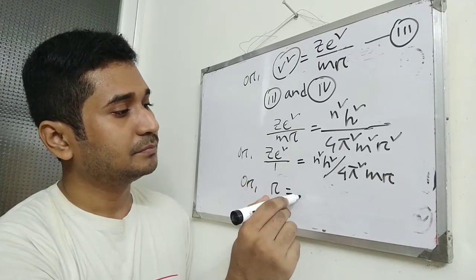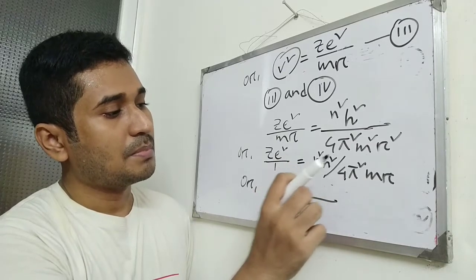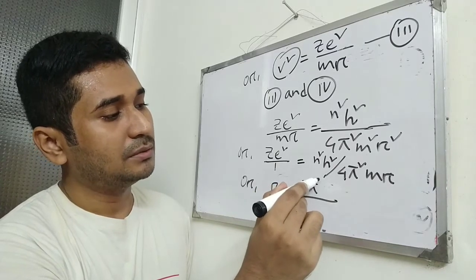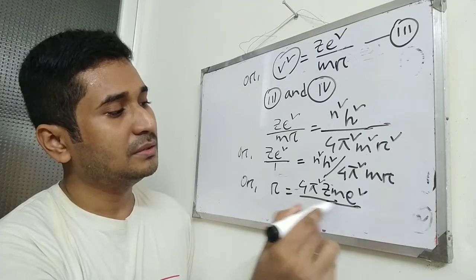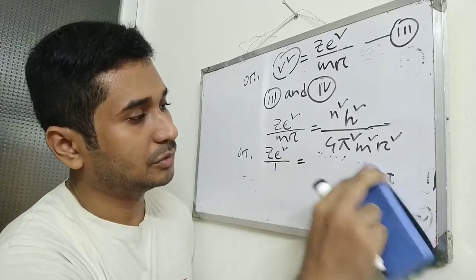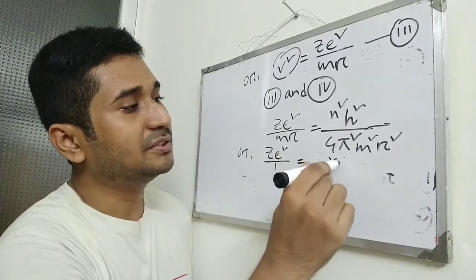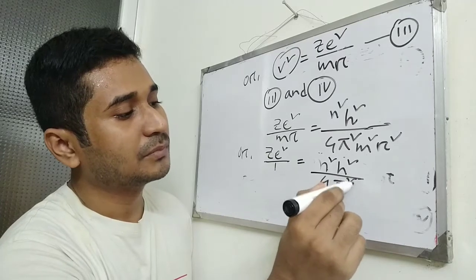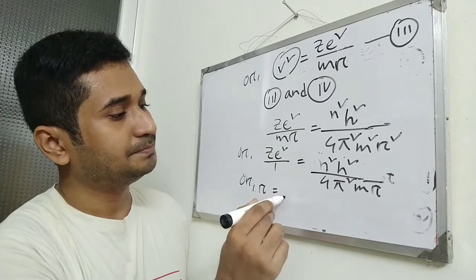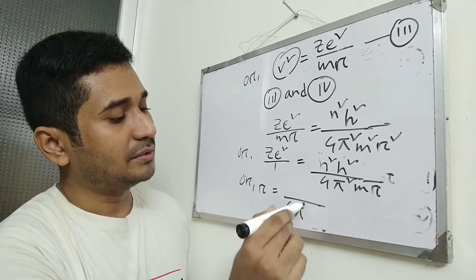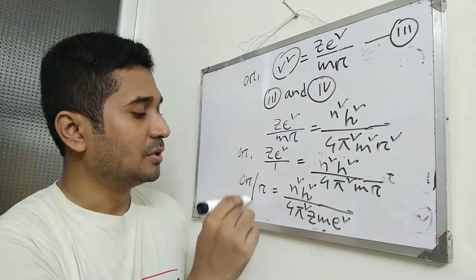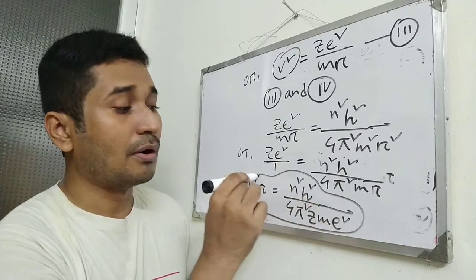R is equal to n square h square by 4 pi square z me square. So this is the equation of radius.